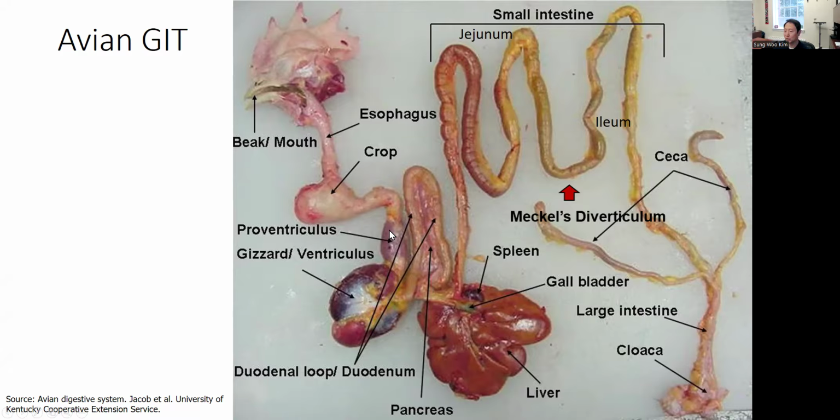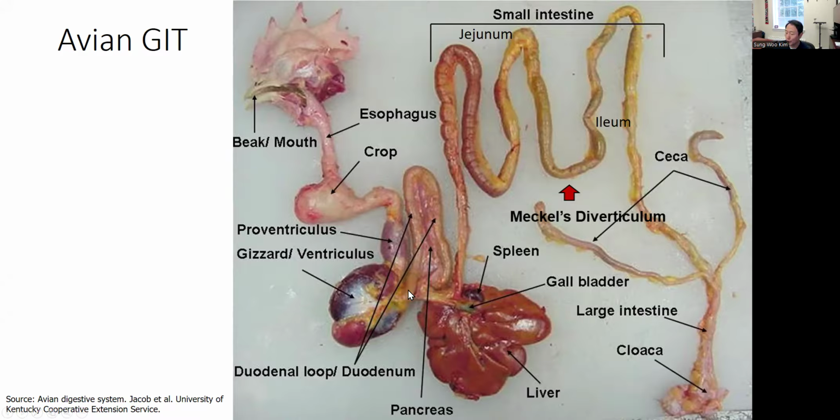So the proventriculus is the section where the enzymes and the acids are secreted, and the ventriculus is where the digestion and the secretions are mixed with muscle contraction and movement.